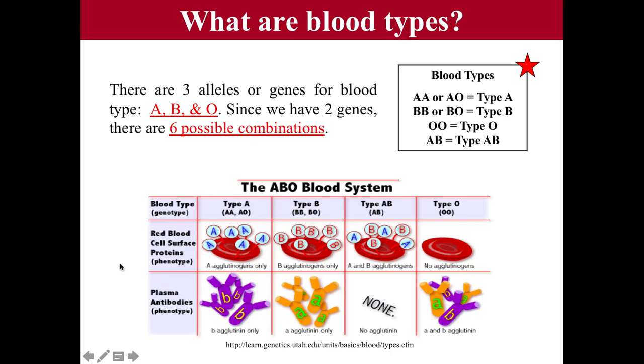We also have antibodies that are also in our blood, but more specifically, they're in the plasma, and they are always the opposite type of your antigen. We're going to be taking a closer look at this later on, but I want you to be familiar with those words, antigens, antibodies, and how they are used to determine your blood type.